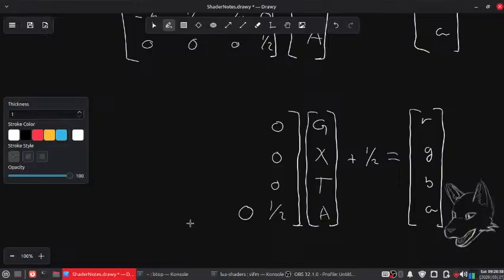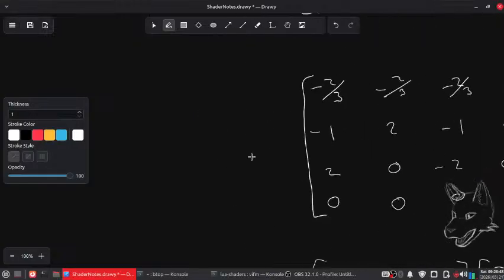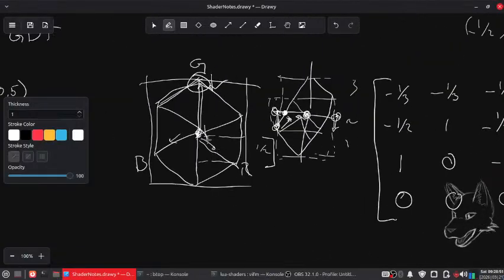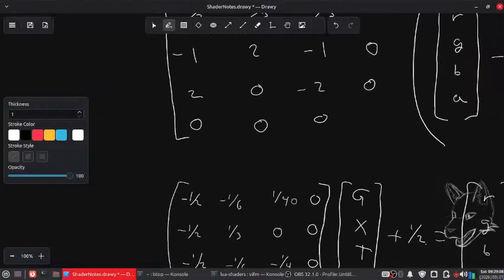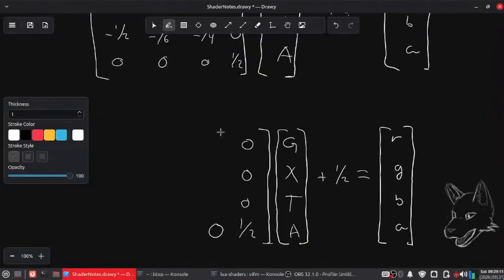The color should be all red, half green, because this is the green direction.